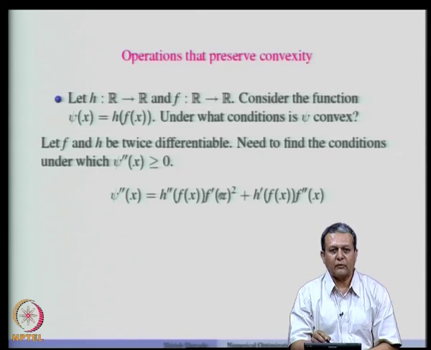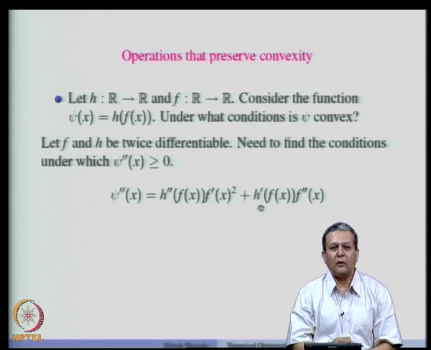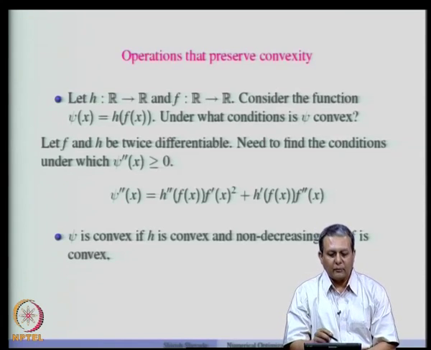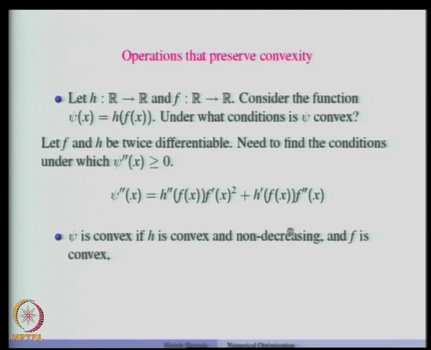Suppose h dash f x is also greater than or equal to 0, which means the function is non-decreasing. So, if f is convex and h is convex and non-decreasing, then h of f x, which is nothing but psi x, becomes a convex function. So, psi is convex if h is convex and non-decreasing and f is convex.